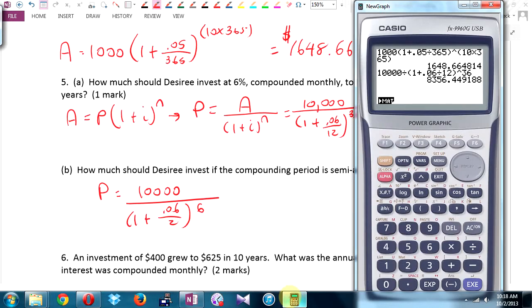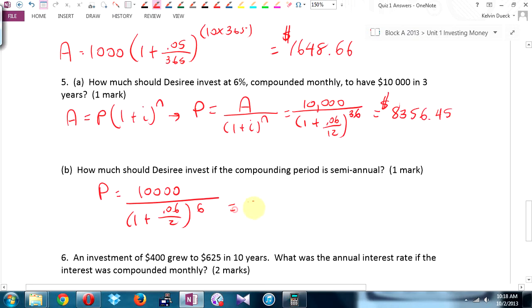In fact, I think I can do that by deleting the 3 and deleting the 1. You get $8,374.84. 837484. Is that right? People nodding? 8374.84. 1 mark.